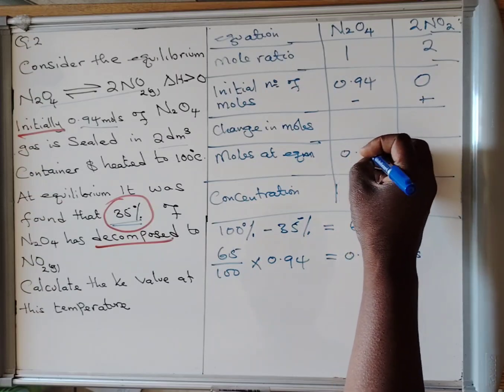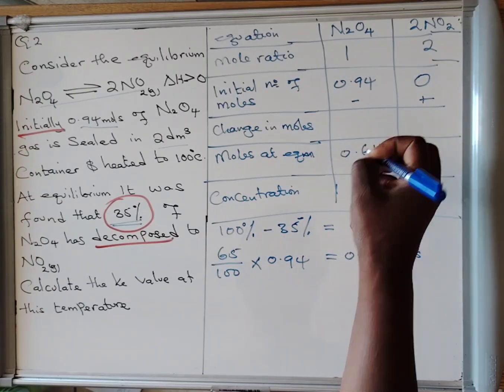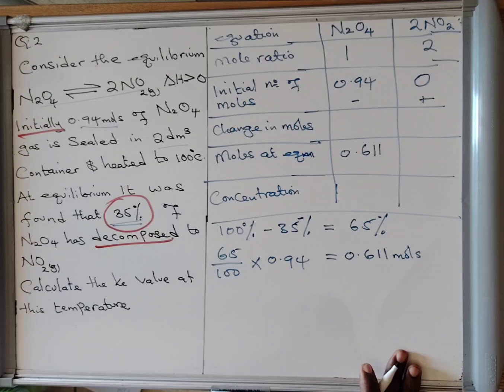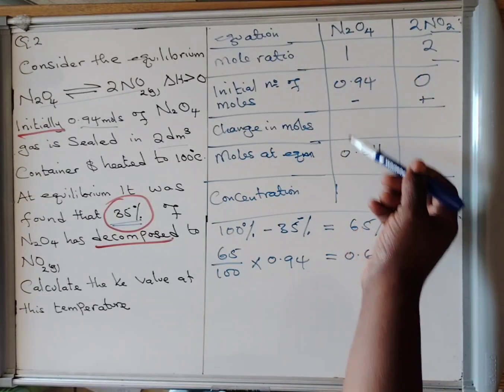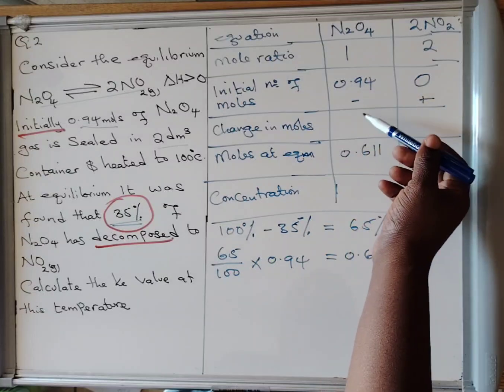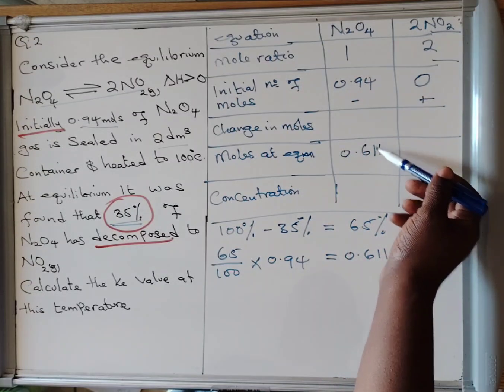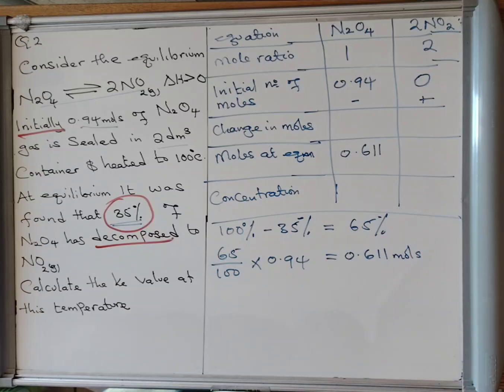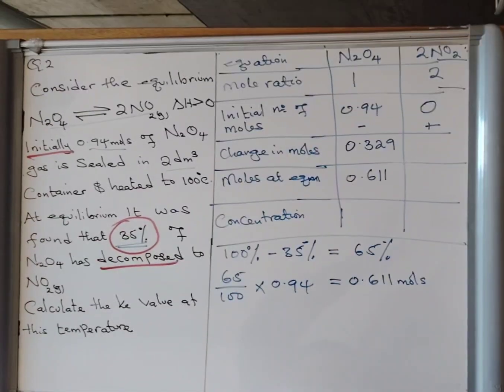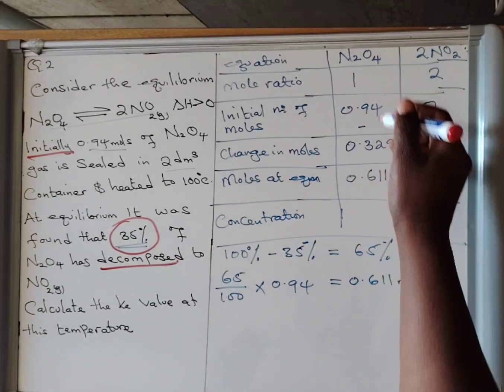It is 0.611. Okay. Remember what we experience. We say that this one is a minus. So 0.94 minus 0.611, you get those number of moles which decomposed. Okay. So we subtract and we get the answer. So we have those number of moles which decomposed.